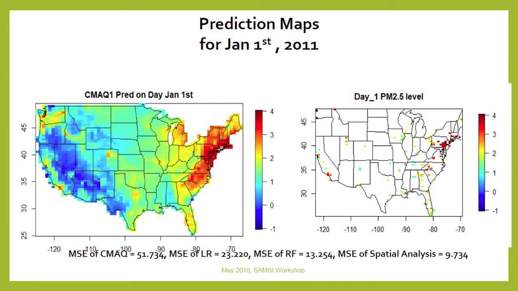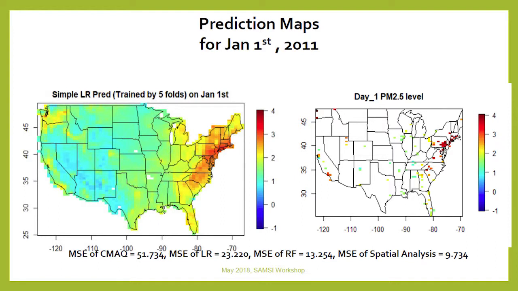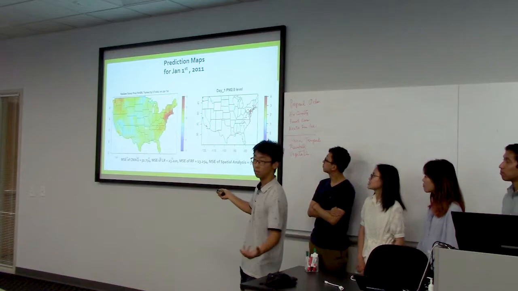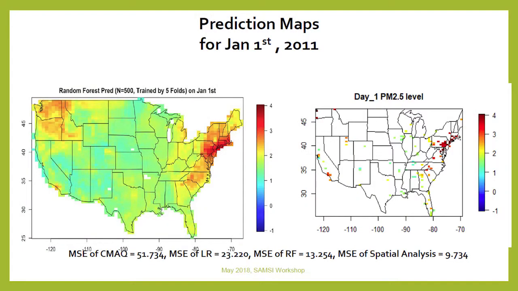But with CMAQ, I barely had any yellow and orange around this area in general, and the regression improved it to be smoother. And this pattern can also be seen in the random forest model. Here, the west coast color is even more towards the actual color, and it transitions to a larger area of orange and yellow here.